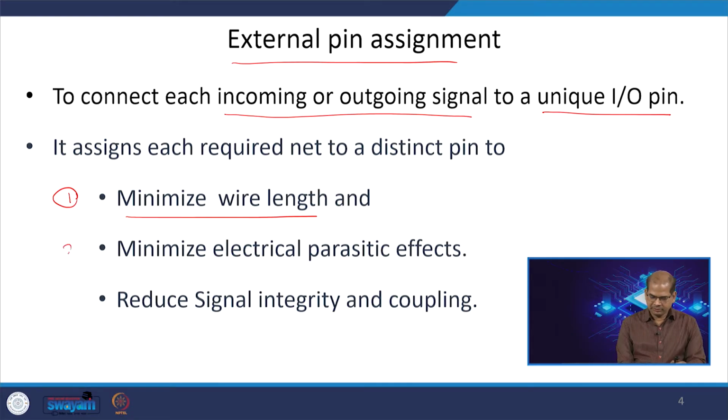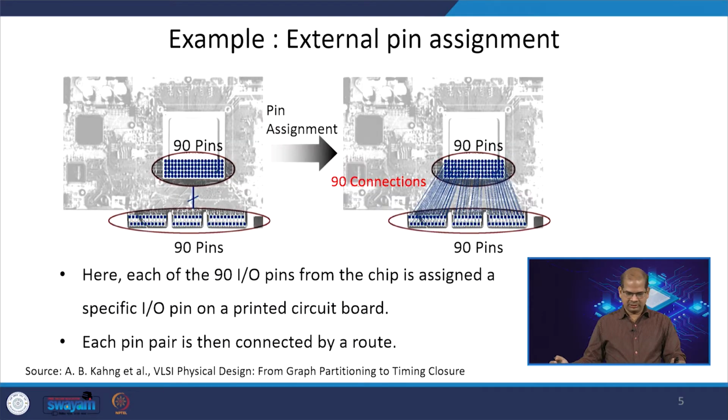The second goal is to minimize the electrical parasitic effects, and the third goal is to reduce the signal integrity issues and coupling between the wires. So, these are the three objectives we need to satisfy when doing external pin assignment.